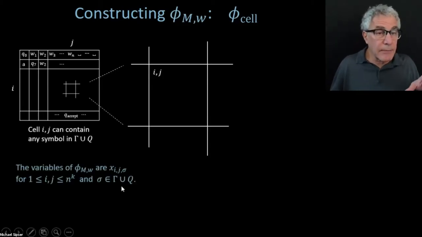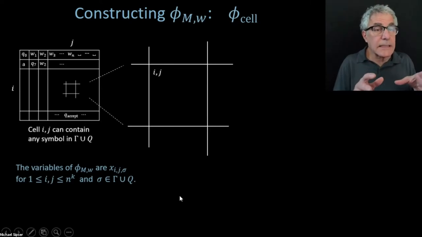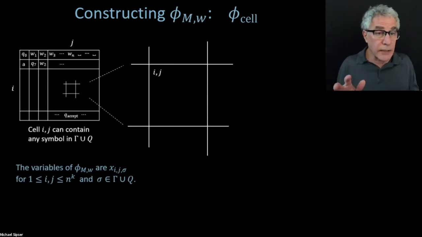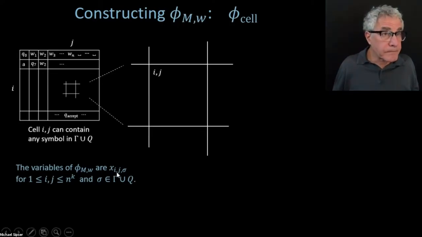So this is the collection of variables that's going to apply to the entire formula phi sub mw. Each cell ij is going to have a set of variables, one for each possible symbol sigma that's in the configuration alphabet, namely a tape symbol or a state symbol.